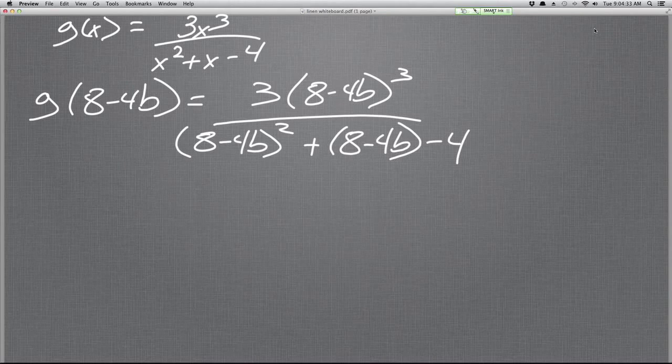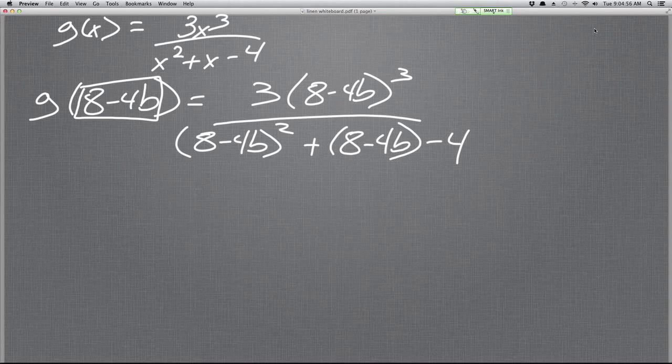Now, what is this thing that I'm plugging in? What's something I can describe 8 minus 4b as, since it's two things being subtracted? What can I call that thing? Binomial. When we're doing these function values, anytime you're plugging in a binomial, just plug it in and leave it.